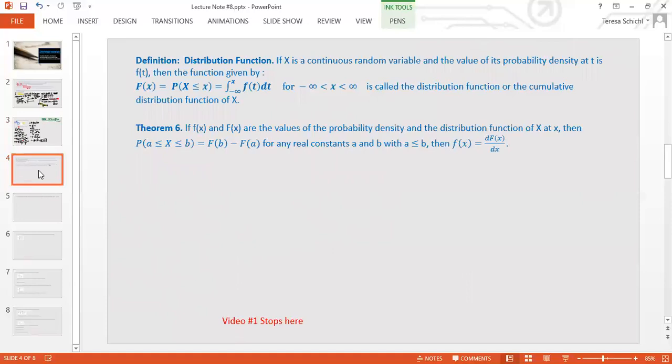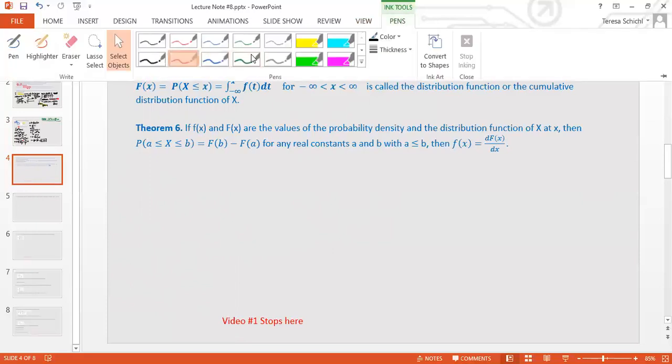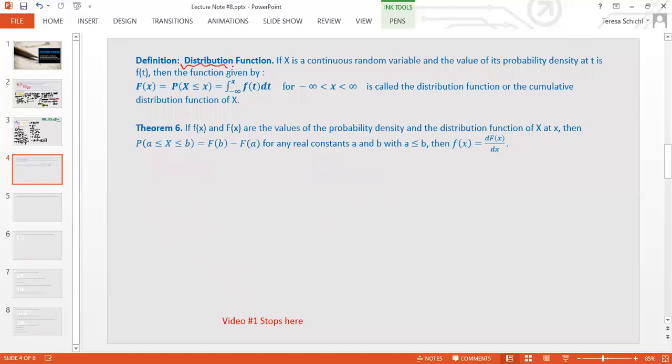The next one is the cumulative distribution. For the discrete case, we call this a distribution function, or you can call it the cumulative distribution function. So what is the notation we use here? We say this is the CDF, right?